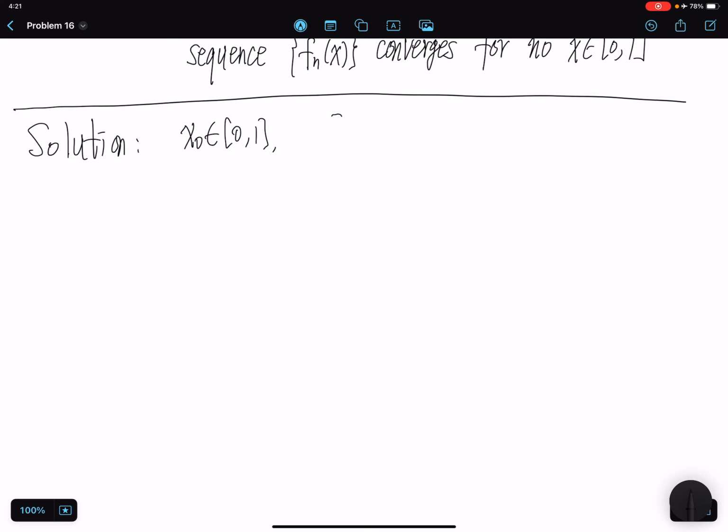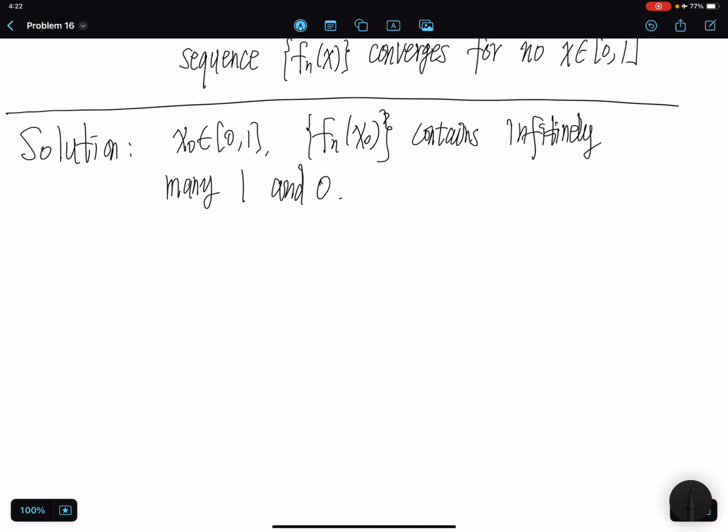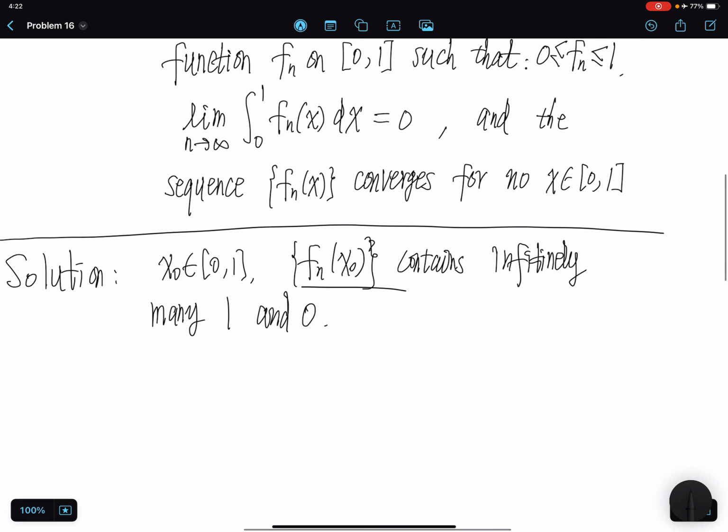If we can construct f sub n in such a way that this sequence contains infinitely many of two different values, let's pick 0 and 1, then it's divergent. Of course, we also want the integral to go to 0 as well.